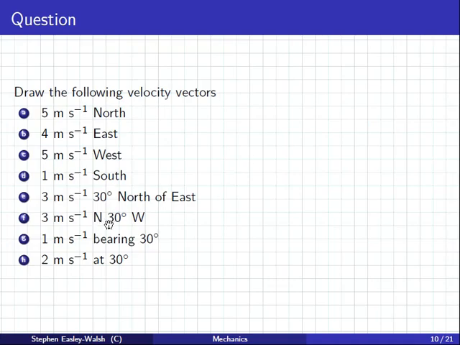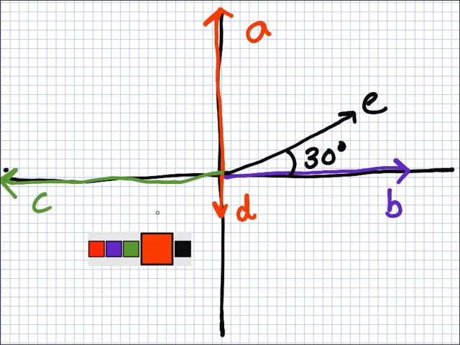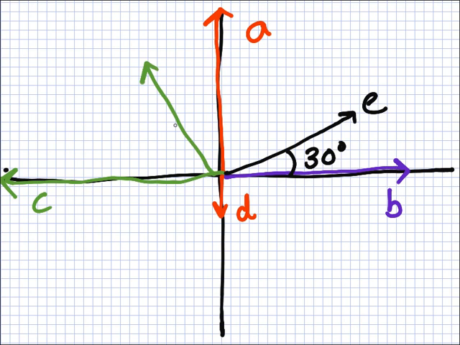3 meters per second, north 30 west. That's F. That's what that means.